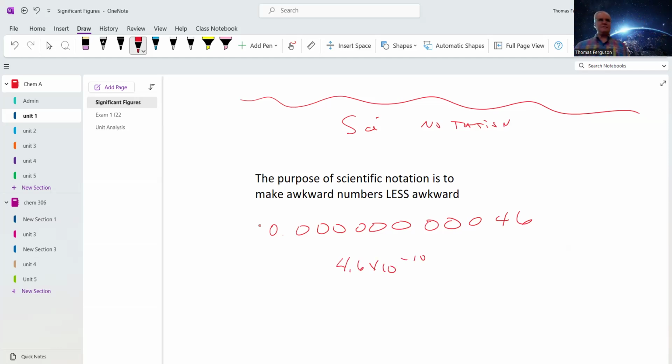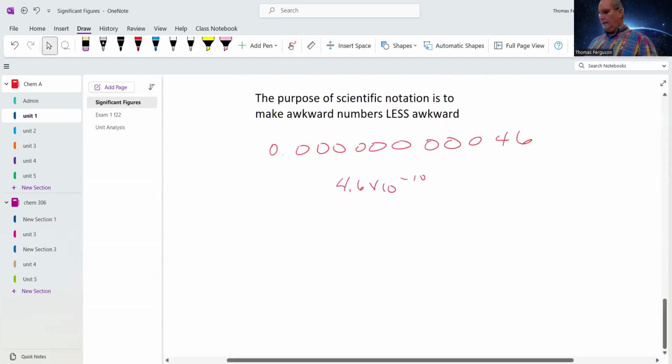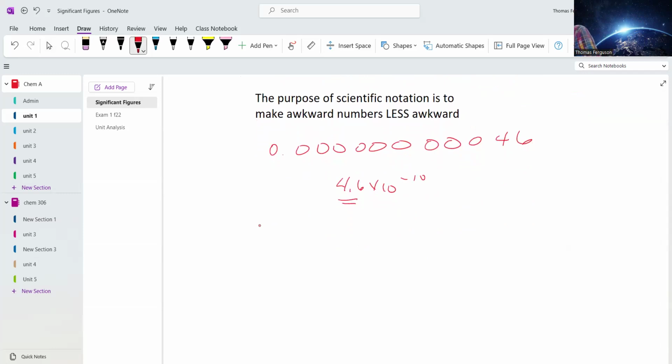Okay, so there are a few things about scientific notation let's talk about. That number there is a number from 1 to 9.9999. This is an integer, always an integer.